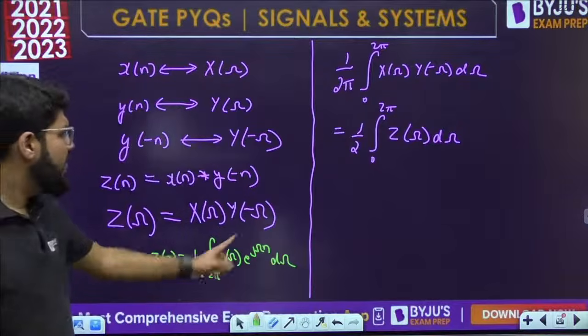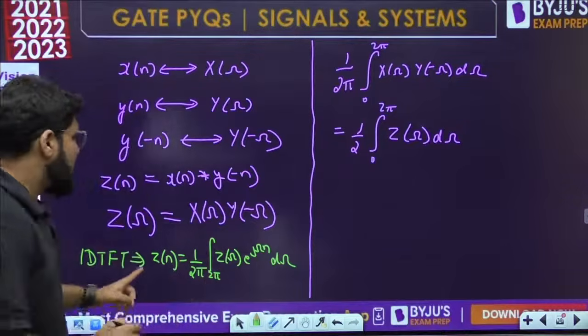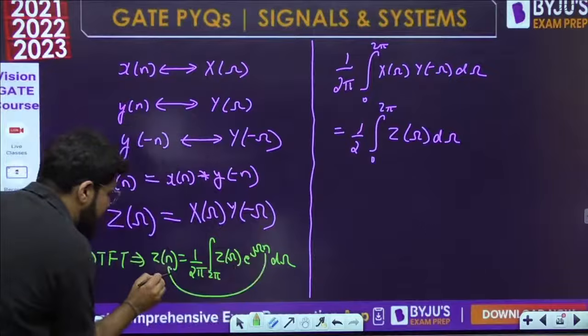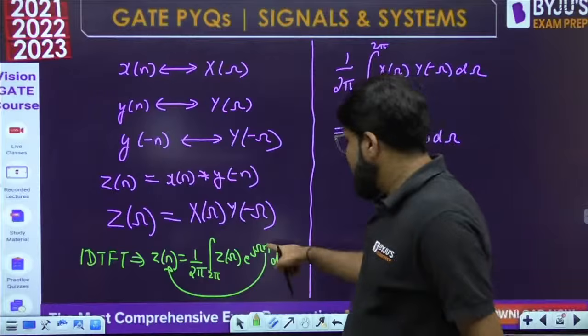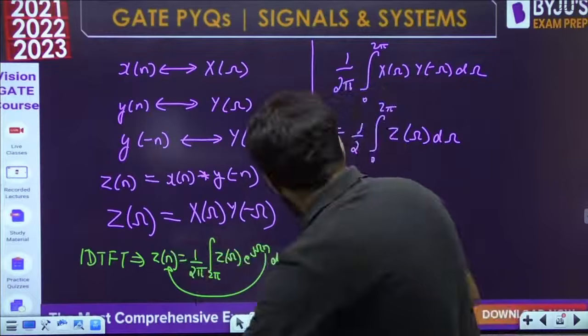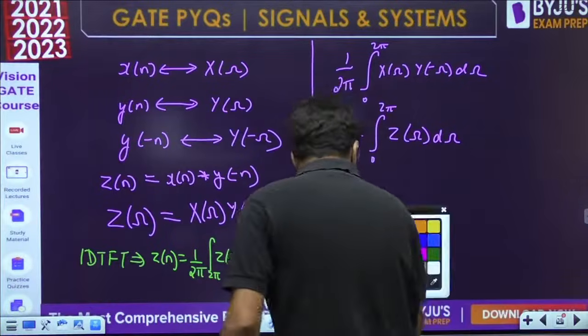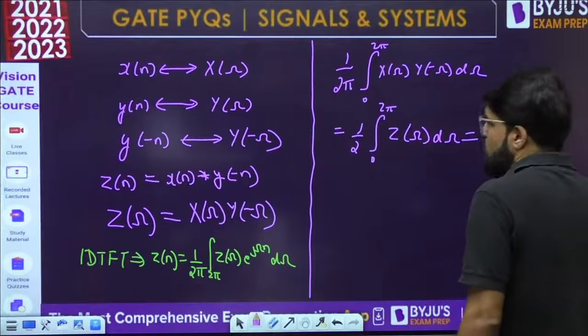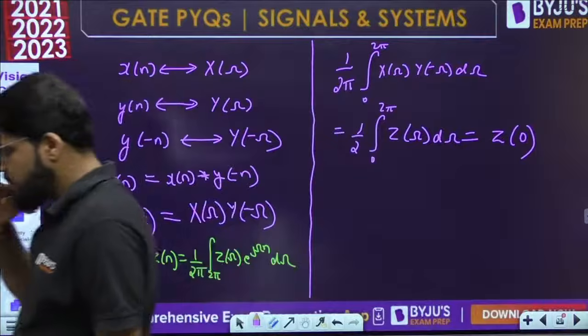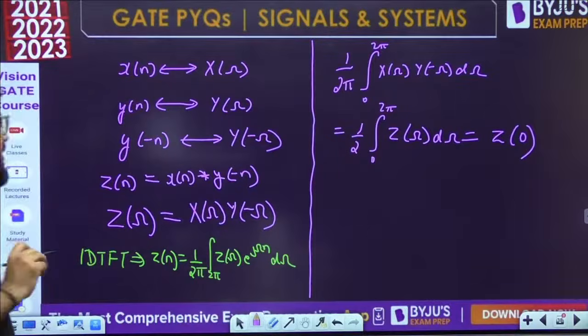So if I only have the integral of Z(ω) dω, that can be obtained by placing n equal to 0, the area under the curve property. If you place n equal to 0, this is nothing but z[0]. So what you only want is the value of z[0].